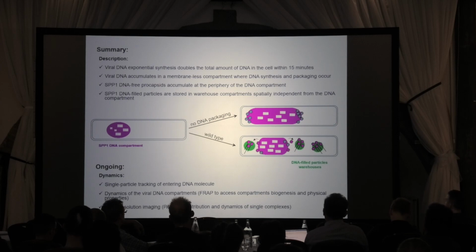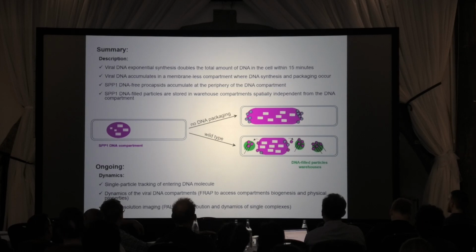And then later during the cycle process, you accumulate procapsids in the periphery of the cell. If you have blocked DNA packaging, they stay there. If they then package DNA, they are segregated to build these DNA-filled particle warehouses. So this is just a view of what's going on.